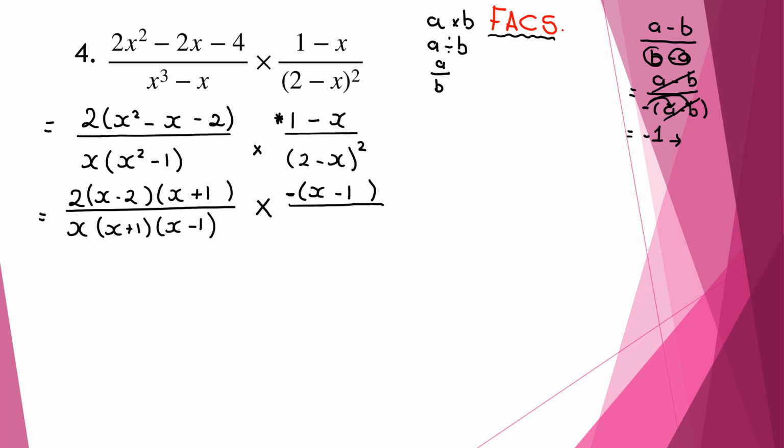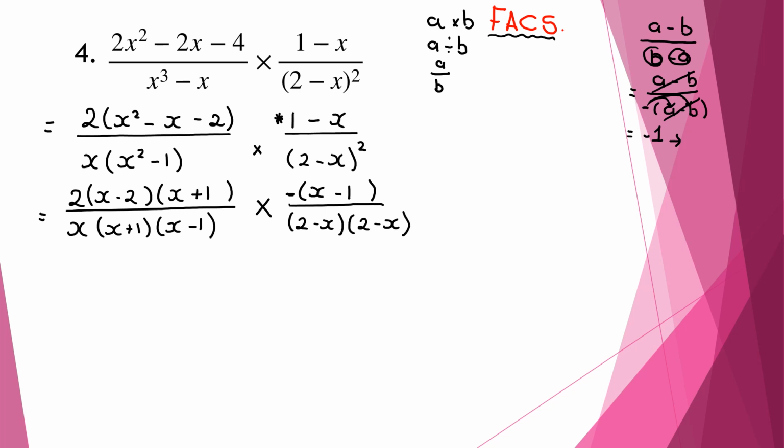So I do the sign changing rule over there so that I'm able to eventually cancel out the x minus 1. Okay, then in this denominator we have the 2 minus x squared, so I'm going to write it out twice just so that we can see where it cancels out.